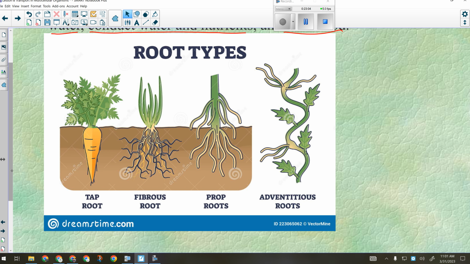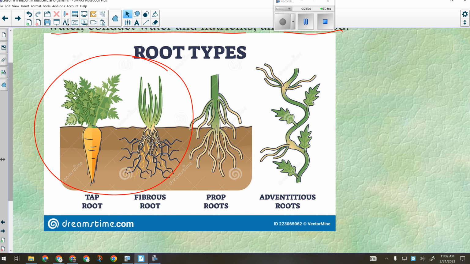It's called Pothos syndapsis. It'll eat your wall. Careful with it. The two main types we're going to be concerned with are just tap and fibrous. Those are the two most common types.